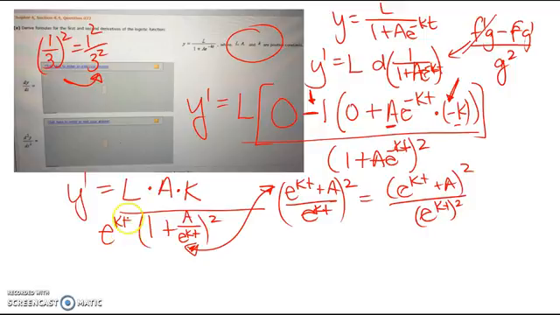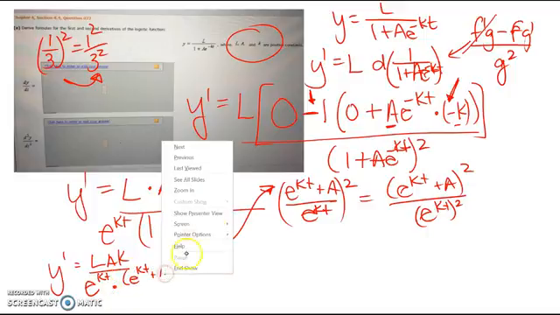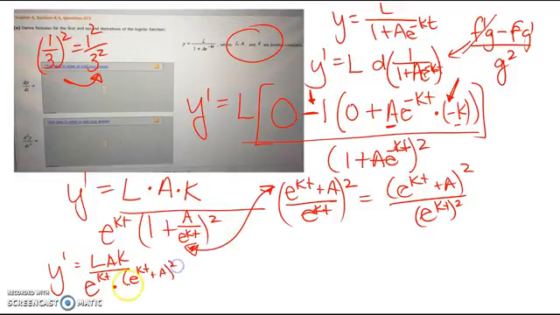So this becomes y prime equals LAK, that's what we have on top, times e to the kt, times e to the kt plus A, squared over e to the kt, squared. Looking just at our denominator, this takes out one of those.